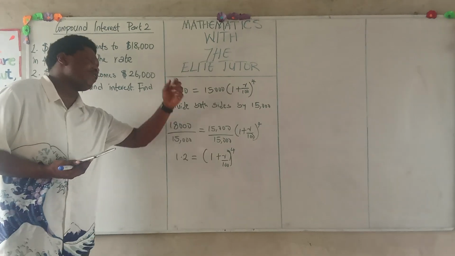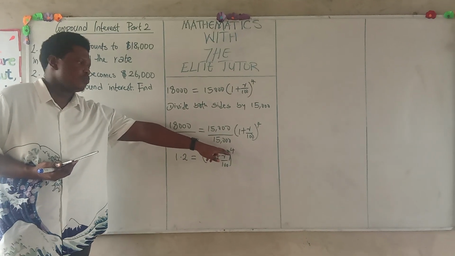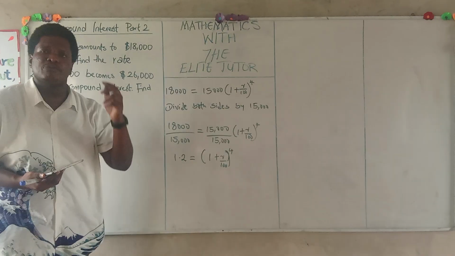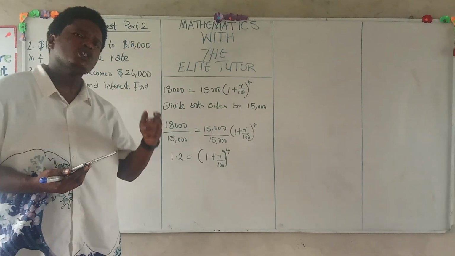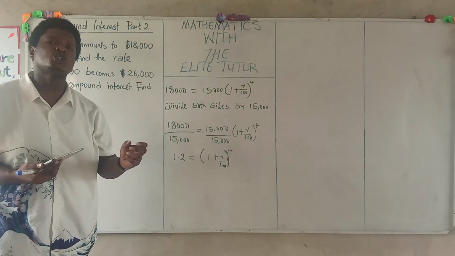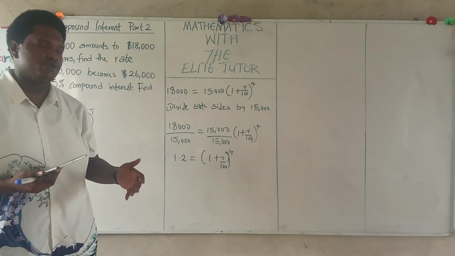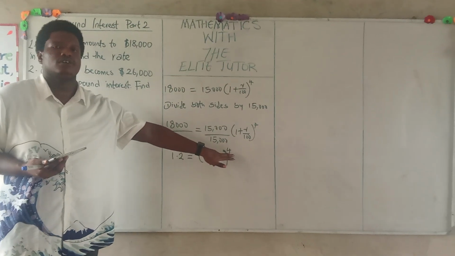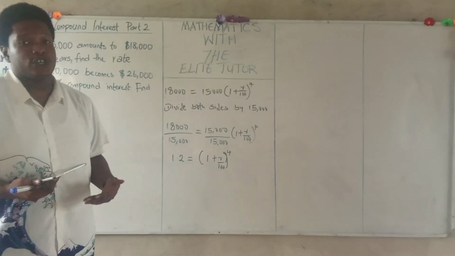So the next step, now this power is 4. We are going to try to see how we can eliminate that power. And for us to eliminate that power, we are going to look for the fourth root of both sides. Same way we have square root. Since this is 4, if the power were to be 3, we would have been looking for the cube root.